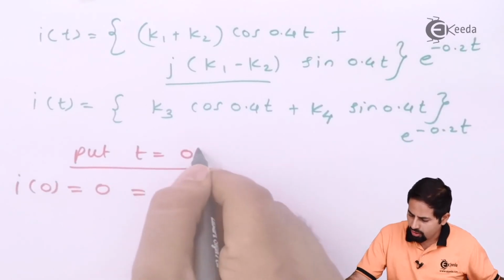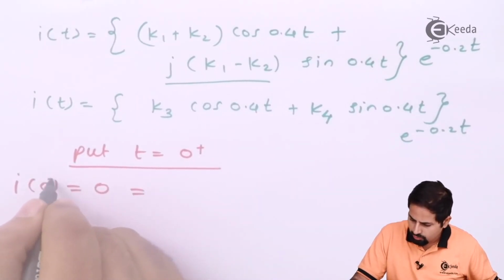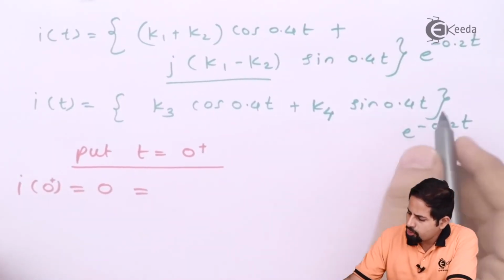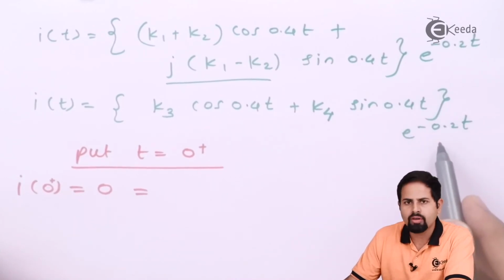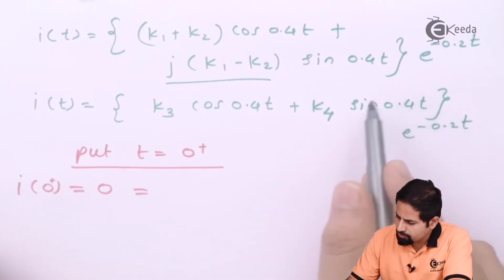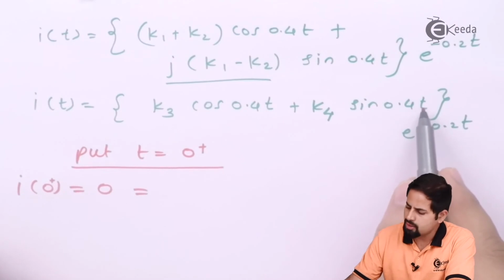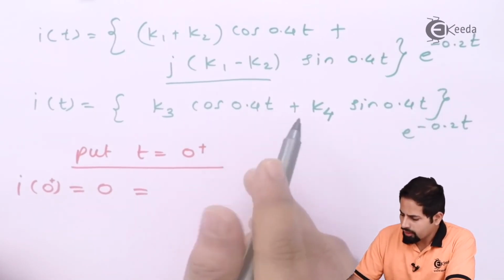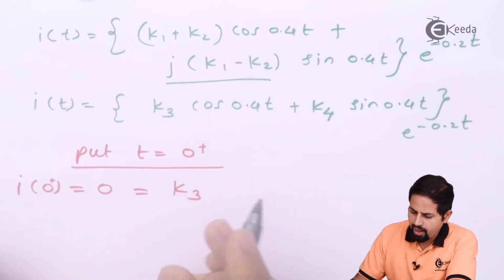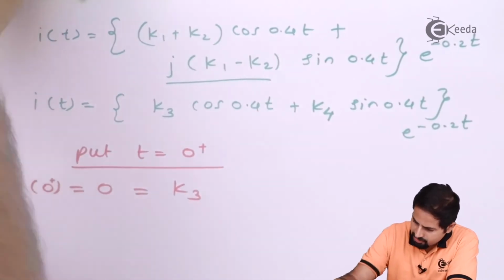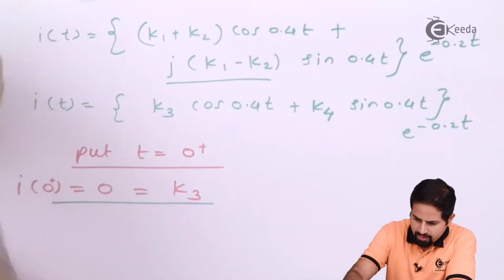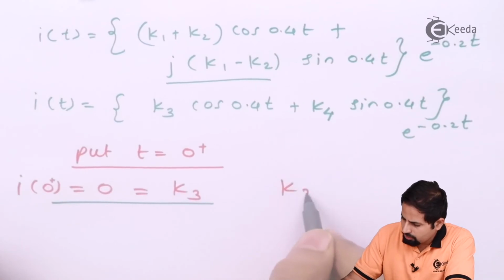So when you put t equal to 0, this term will become 1, sine 0 will become 0, cos 0 will become 1, and you will get k3 as 0. So finally we have got k3 as 0.